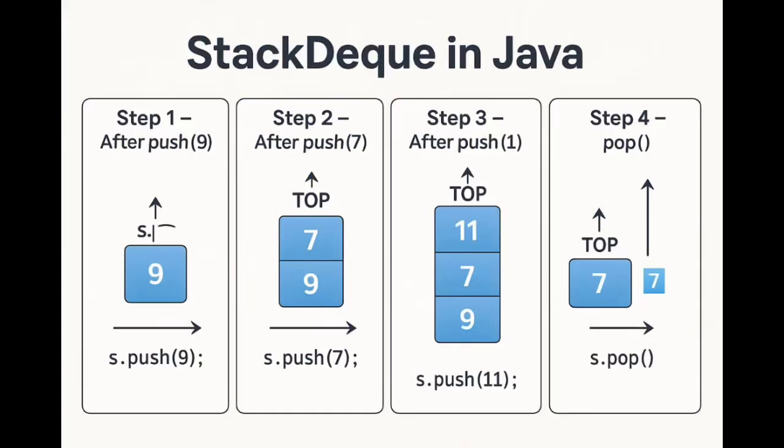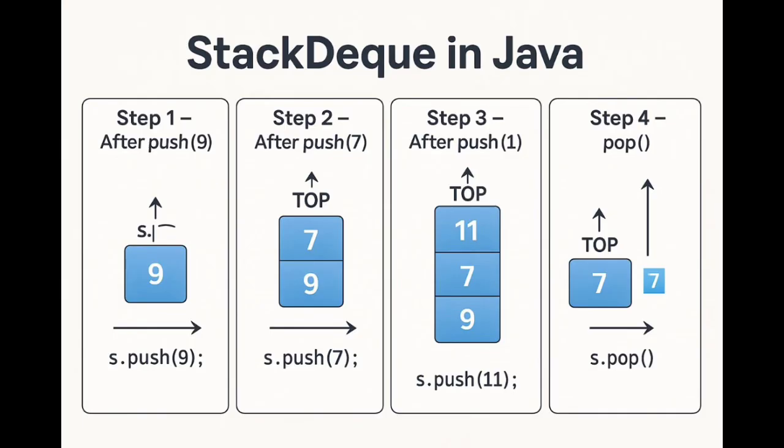Here we can see how a StackDeque in Java works using push and pop operations. In the first step, we start with an empty stack. We push the number 9 using s.push(9).